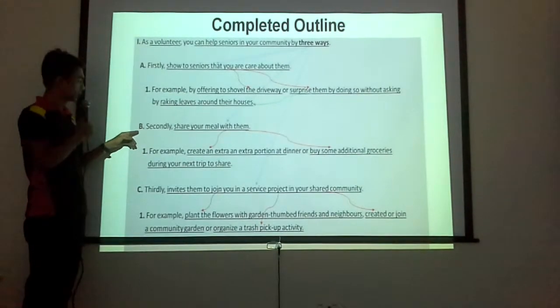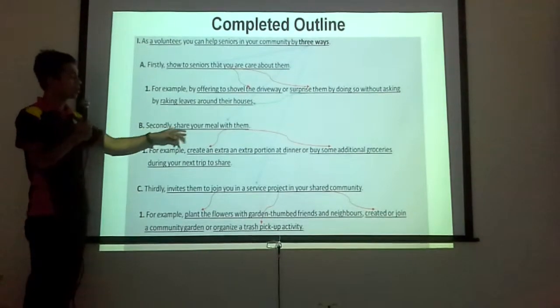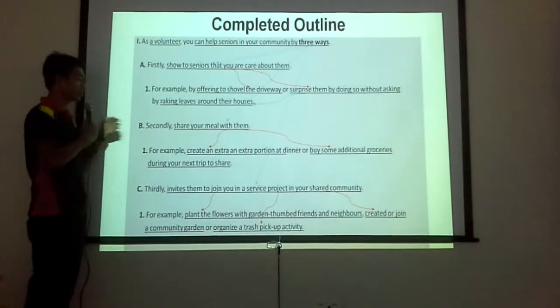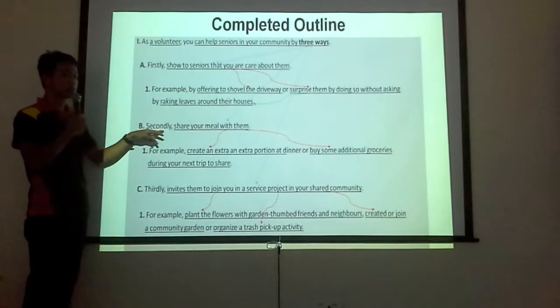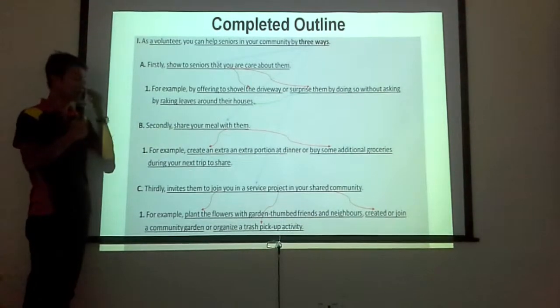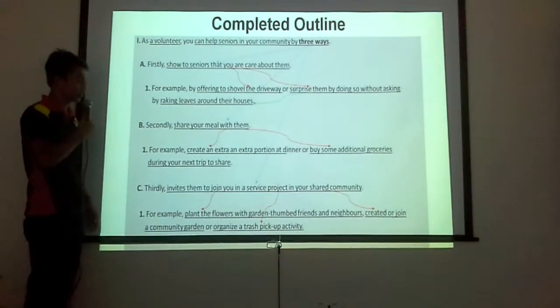Let's move to the second supporting point. Secondly, share your meal with them. As I told you, for the supporting point, secondly is the topic, and share your meal with them is the controlling idea. Okay.